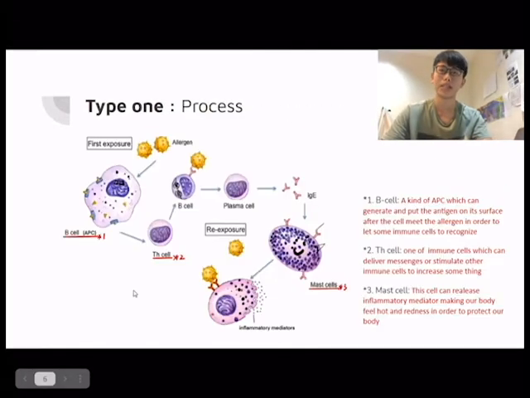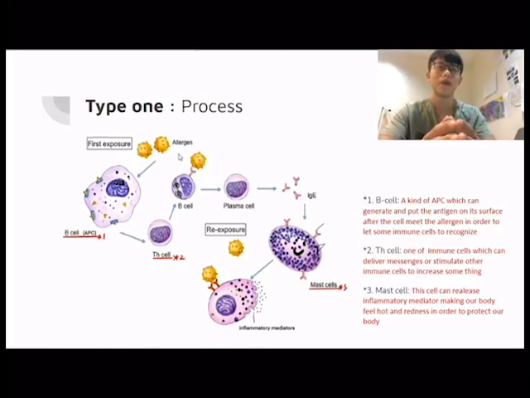And how does this happen? The reaction requires pre-sensitization. During sensitization, the body's immune system initially comes into contact with allergens such as pollen, animal dander, insect bites, dust mites, or certain foods in tissue.